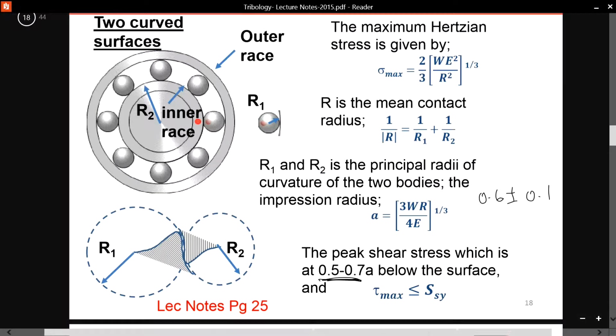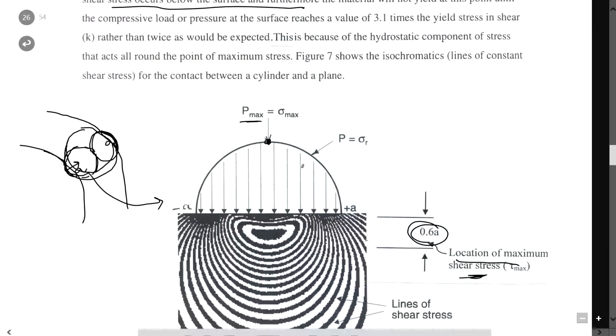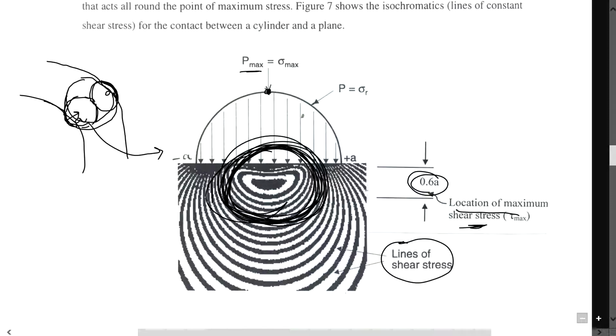If you come back here, you can see the amount of stresses that is consolidating over here. These lines are shear stress. Over here there are a lot of lines, and as you disperse, there is less and less shear stress.